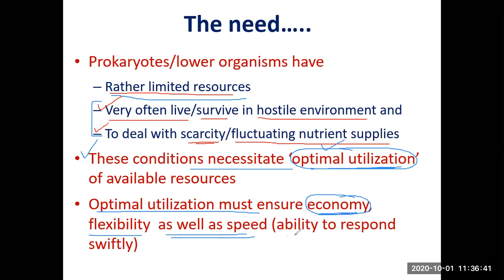Okay, so its ability to respond swiftly. So not only is economy important, it should not engage in needless metabolic pathways where there is a wastage of energy and scarce resources. It should be able to demonstrate a high degree of flexibility, and it should be able to respond to a given situation very quickly. Okay.